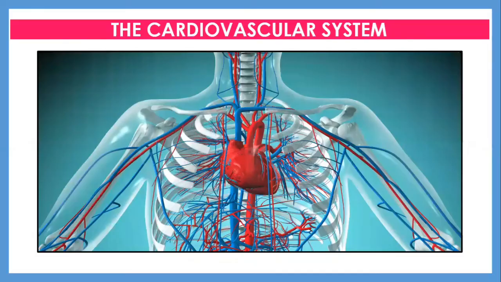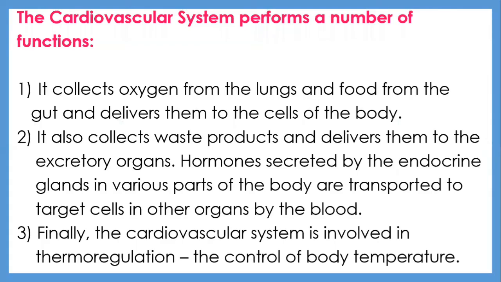So this is how our cardiovascular system looks like. And remember, the cardiovascular system performs a number of functions. First, it collects oxygen from the lungs, food from the gut, and delivers them to the cells of the body. Second, it also collects waste products and delivers them to the excretory organs.